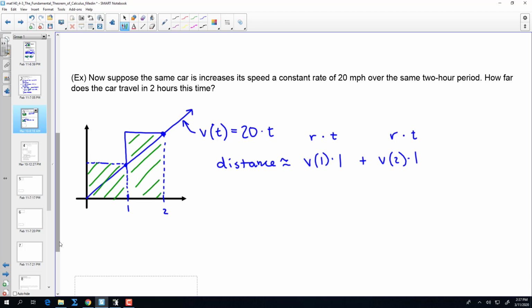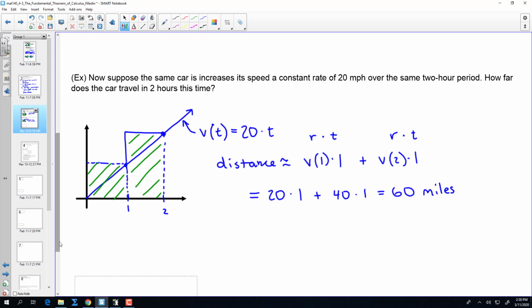So the distance now would be, the velocity at the end of the first hour is 20 miles per hour times 1, plus the velocity going at the end of the second hour, which is 20 times 2, which is 40, times 1. When we add this together, that gives me an estimate. Remember, this is only an estimate to how far the car traveled, but 60 miles. Okay.